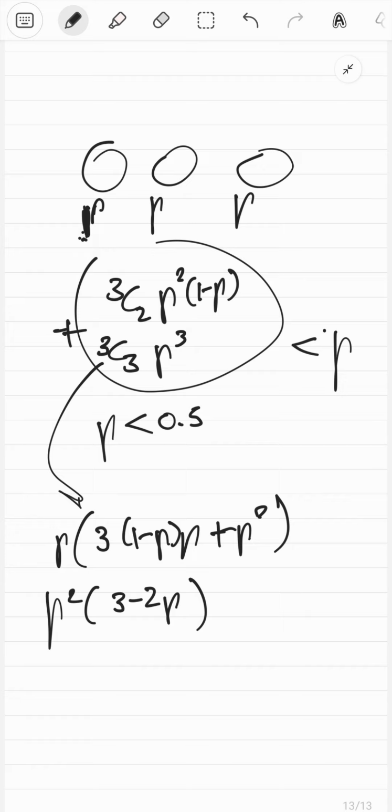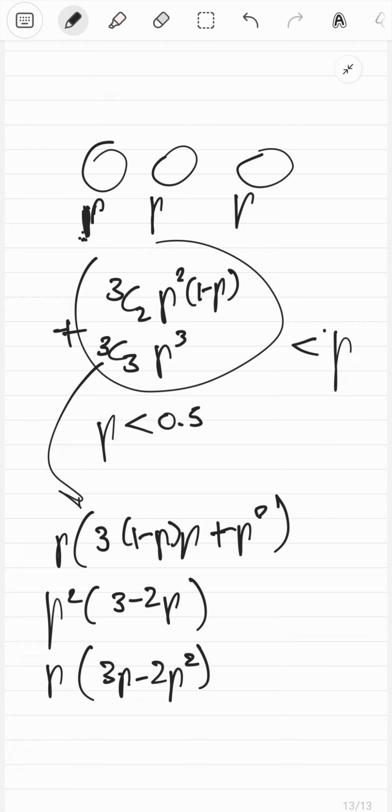Did I mess up somewhere? Well, that p squared is there. The 3 choose 3 is just 1, there's only one way of doing this. It's 3 minus 3p plus p, that's just 3 minus 2p. So it's like p squared times (3 minus 2p), essentially, which is 3p squared minus 2p cubed.